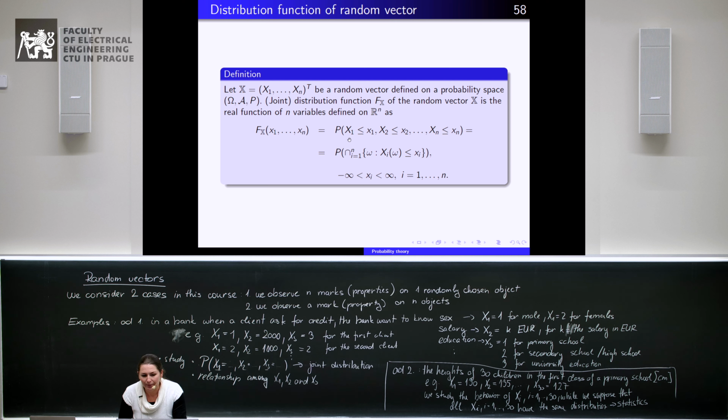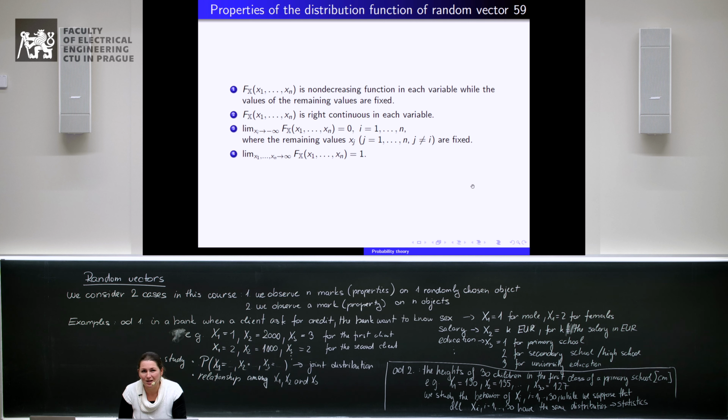So it can be briefly written in the form of the intersection of all these situations. And of course, it is defined for all xi from minus infinity to plus infinity. In fact, this distribution function can again describe the behavior of the random variable completely, but it is not very useful to work with it.